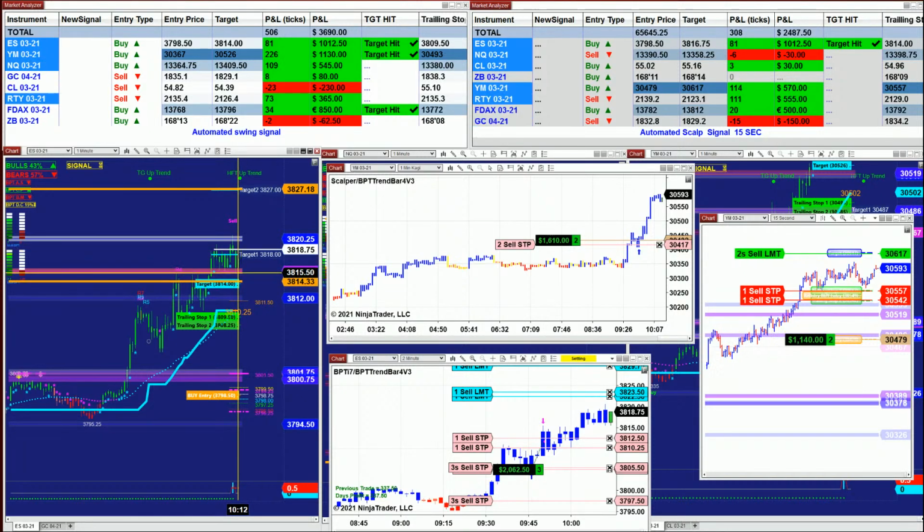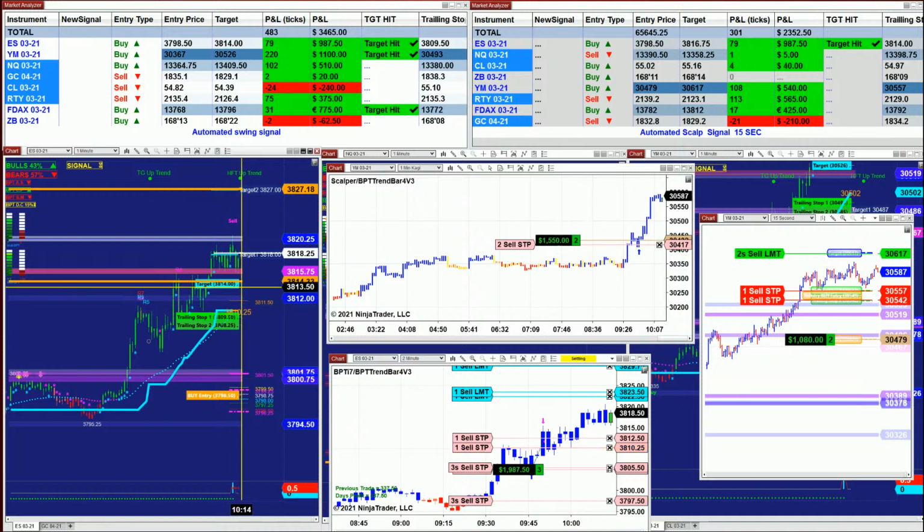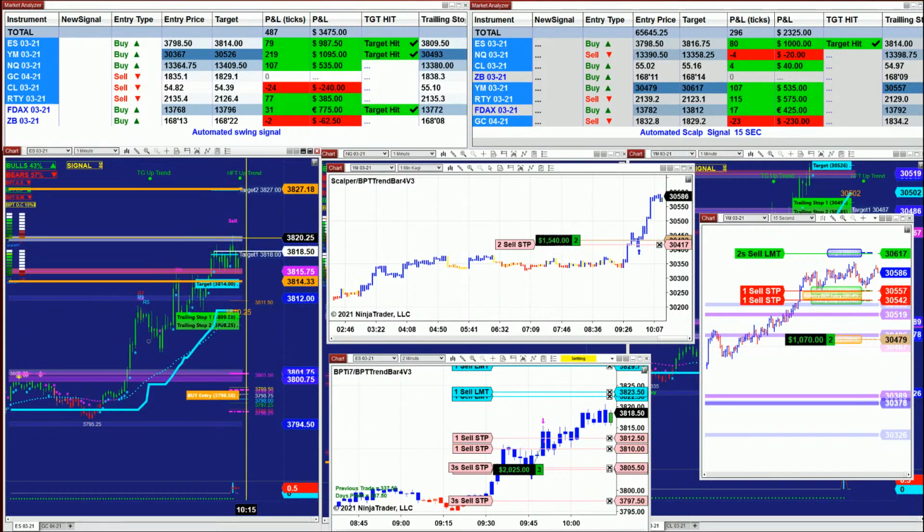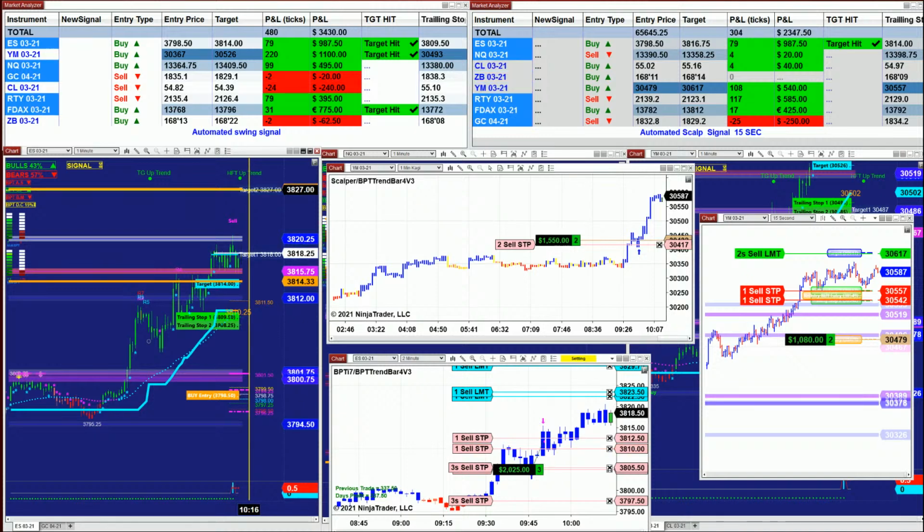If we break the 38.15, the re-entry point will be at 38.10. And if we have the breakout above the 38.20, final destination 38.27.